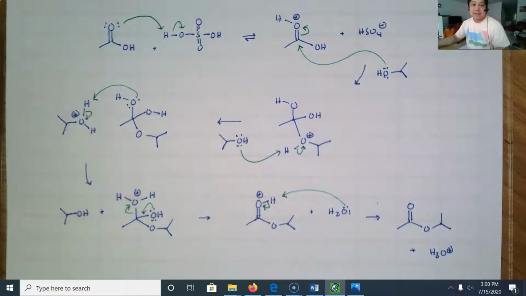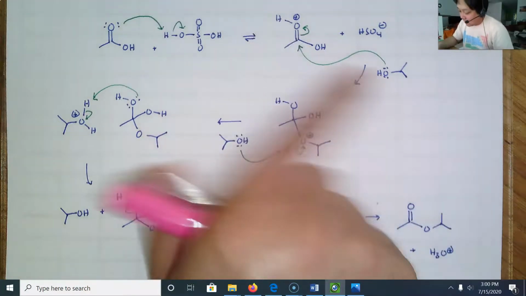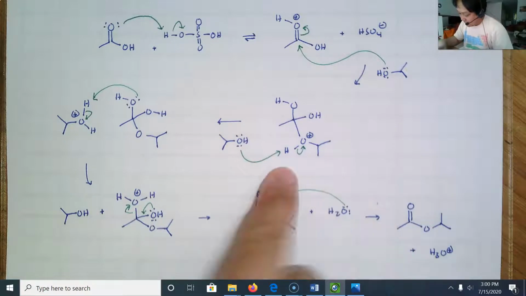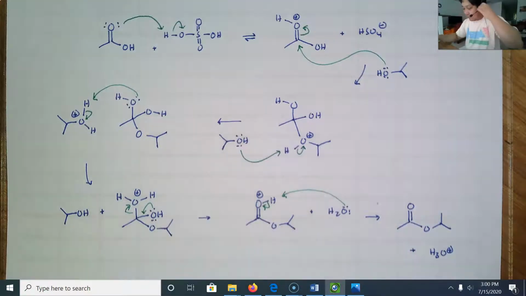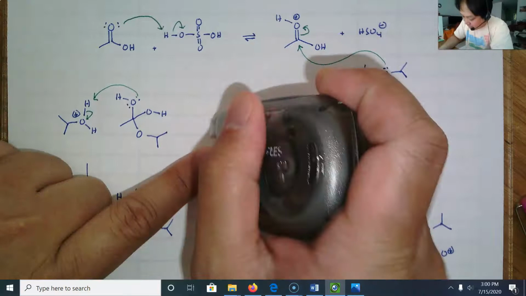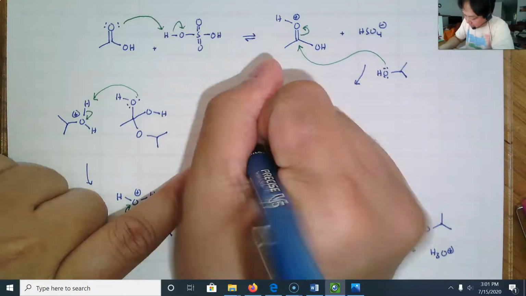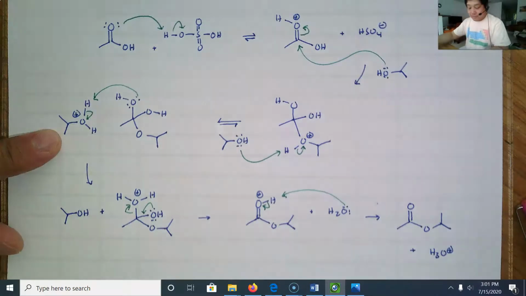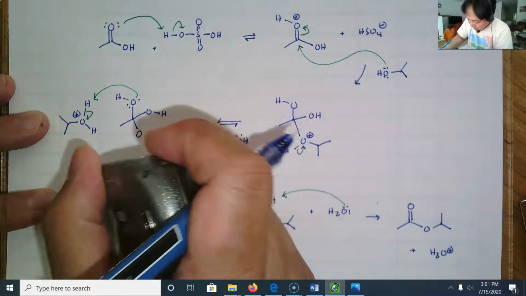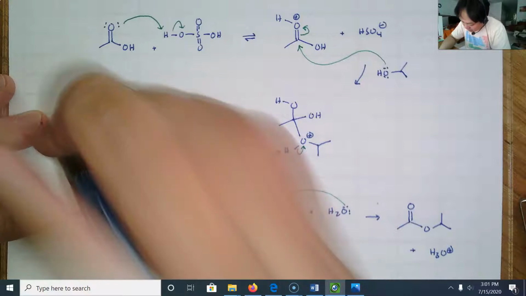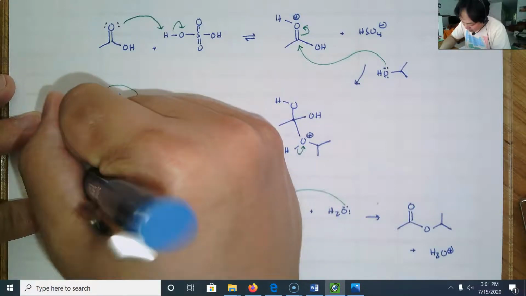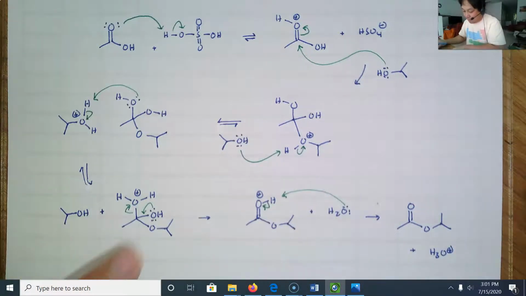Let's see what the steps this is. Ah, man. I said I was going to make equilibrium arrows for every proton transfer. I could fix it. So here's a proton transfer. Sorry about that. Another proton transfer. And note, a kick out.